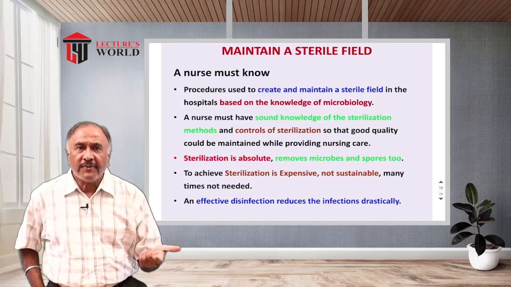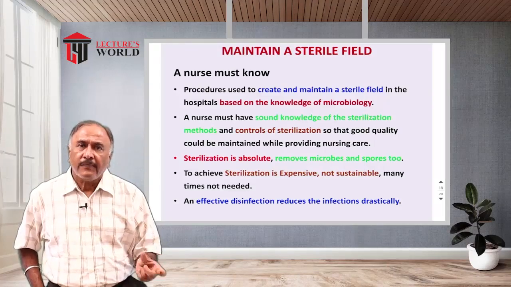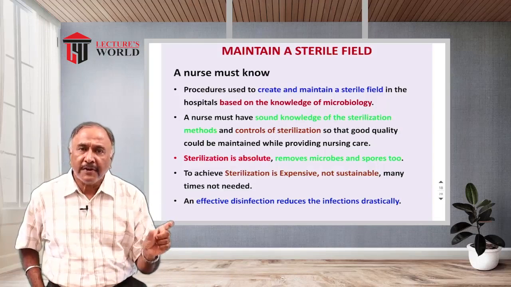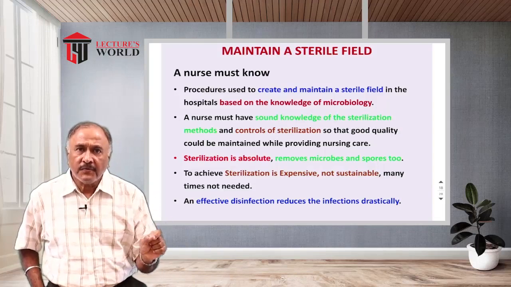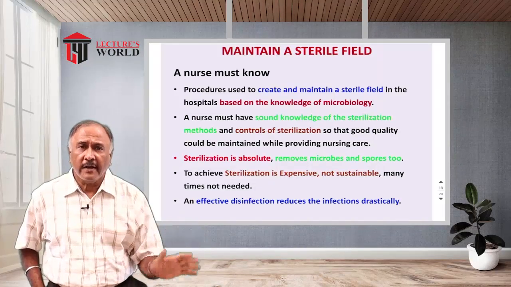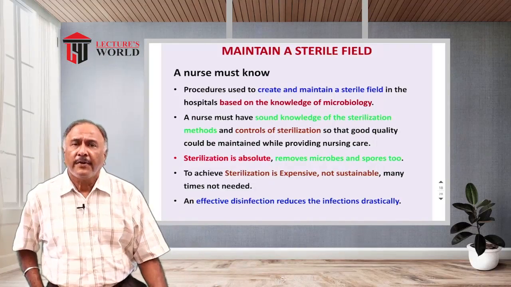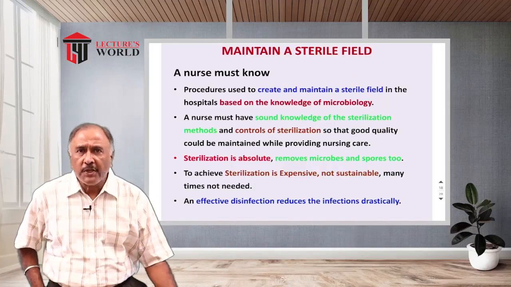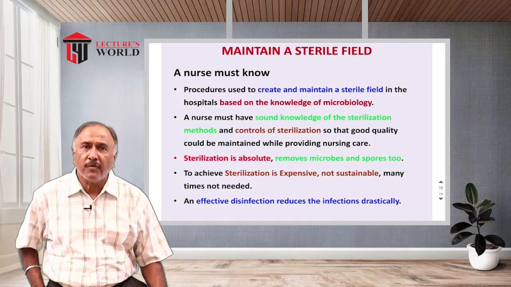Remember, disinfection and sterile, these two words have different meanings. Sterile means no organism at all of any kind, while disinfection means removing potentially pathogenic organisms from that area, from that vicinity.